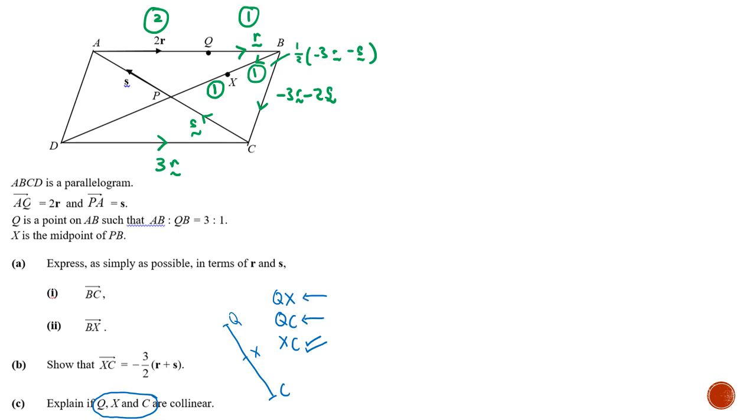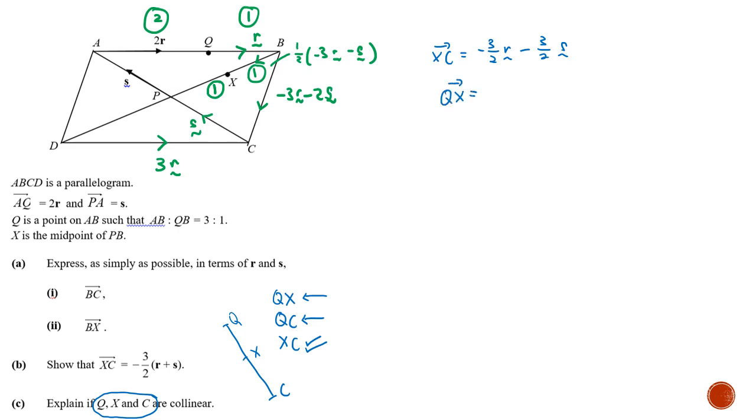Now XC found earlier was negative 3 over 2 R minus 3 over 2 S. And let us now find vector QX.